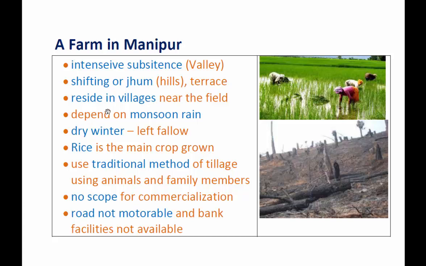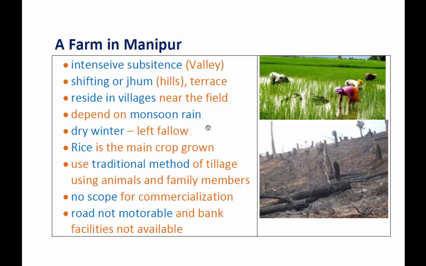All right. Most of the people live in villages nearby the field, whereas in the United States of America the farmers live on the farm itself. And in Manipur, we don't have proper irrigation facilities. Most of the time we depend on monsoon rain.